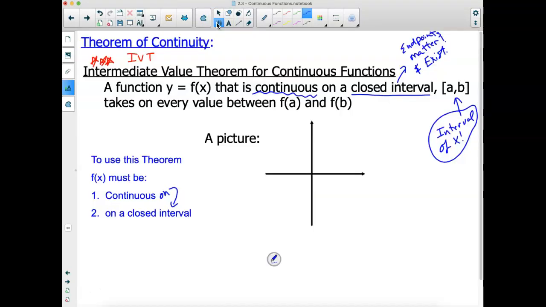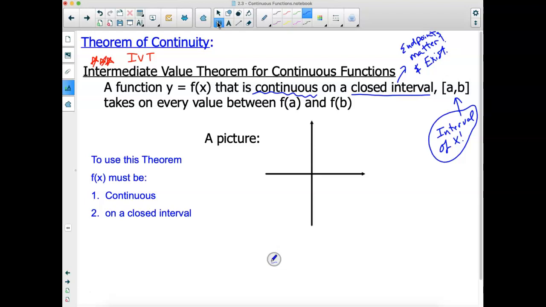If it's not, this theorem is completely useless to you. But if it is, it's usable, and I promise you, you'll use it if you want to get full points on one of your problems at the end on a free response.